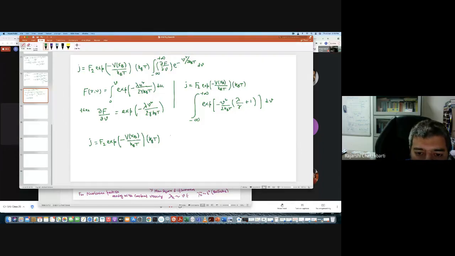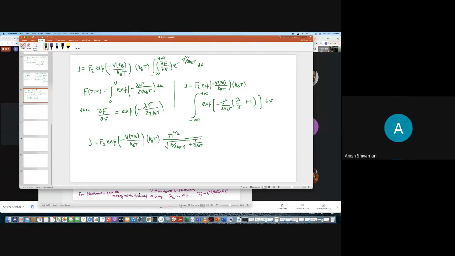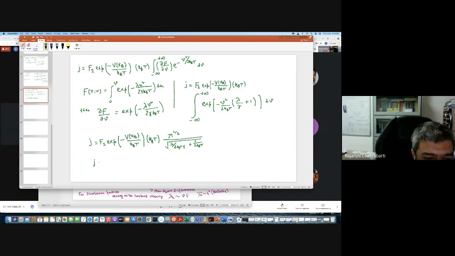You're going to get pi to the power of half divided by this is what you have, no? Isn't it? Yes. And you can rearrange it. Let me rearrange and write down the final expression.